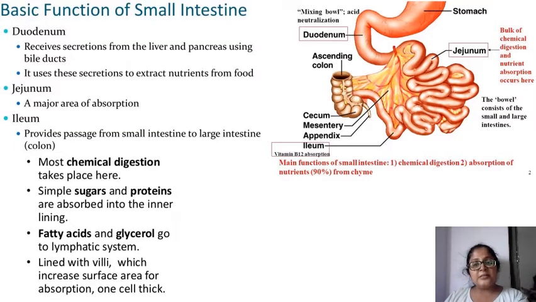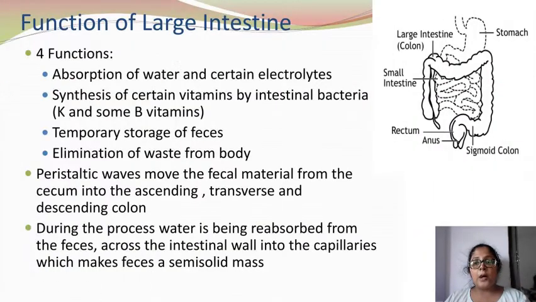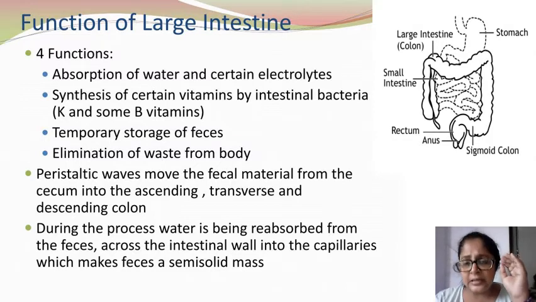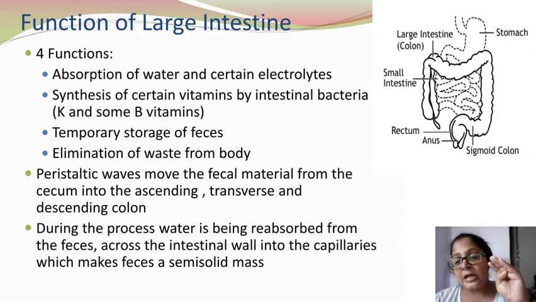So after the small intestine, the part which is connecting to the small intestine is the large intestine. It is about 1.5 meters long, starting at the cecum, the ileocecal sphincter, as I've said, and terminating at the anus through the rectum.